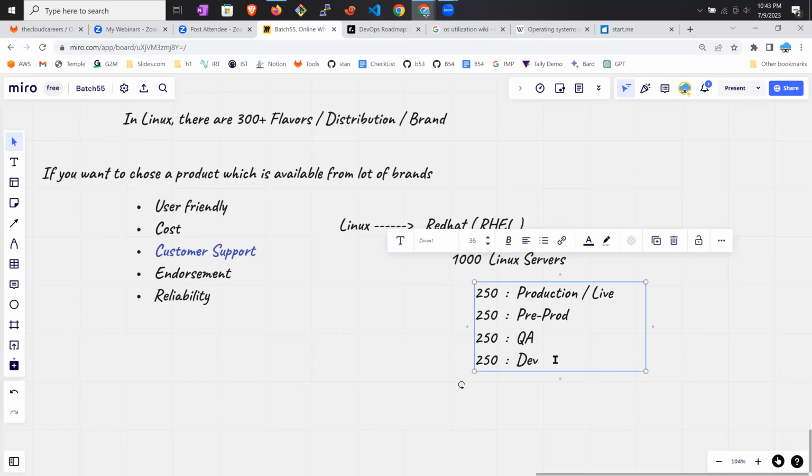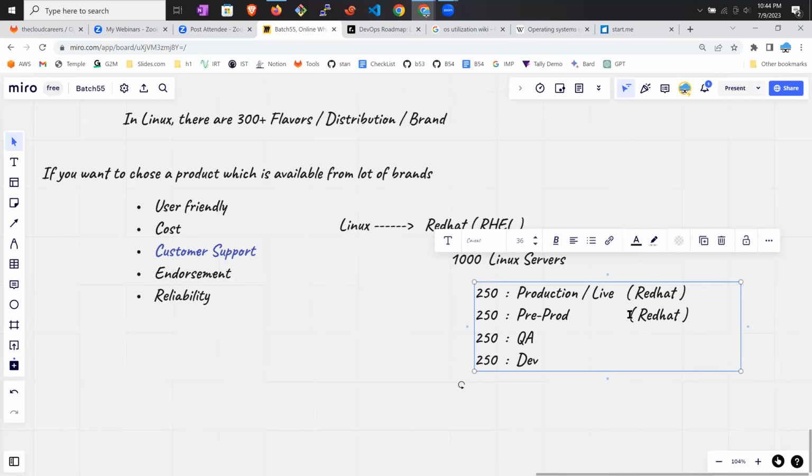So far so good. Now, investing in Red Hat licenses for all the 1000 servers is a very costly thing. So what they do is, as per the white paper, which is a public thing, the majority of companies go with Red Hat Linux for production. And for the next 250 also they go with Red Hat Linux because they get nice customer support, which is very important.